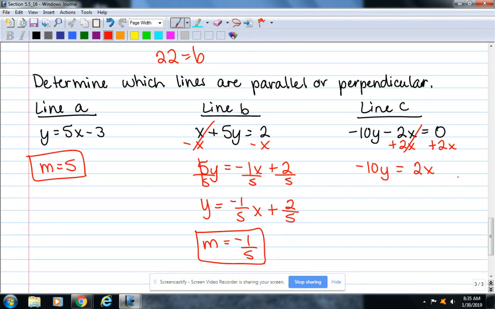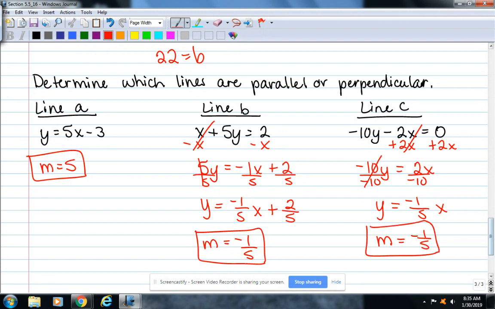Now what? Divide by negative 10. So y equals, simplify that for me. What do you get? Negative 1/5 x. And what's the slope then? And it's okay that there's not a b right there, because what is the b? 0. Okay? So that one goes through the origin.